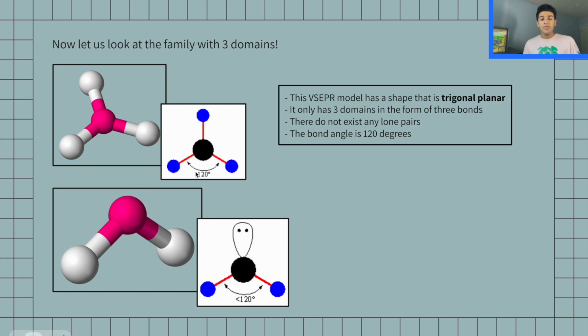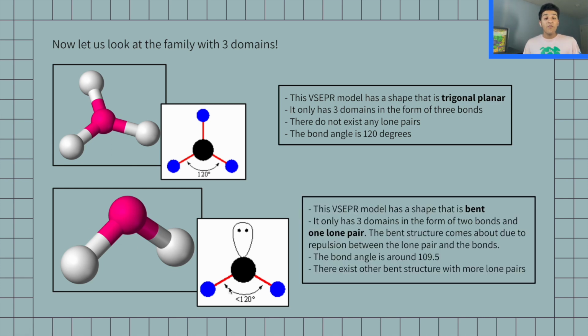Next up, we have this model, known as a VSEPR bent shape. The reason it's bent is because the three domains in this situation are two bonds and one lone pair. A bent model is a regular linear model, so it's going to look like this, but you add a lone pair on the top, and that lone pair creates repulsive forces between itself and these bonds and causes the regular linear model to bend down.